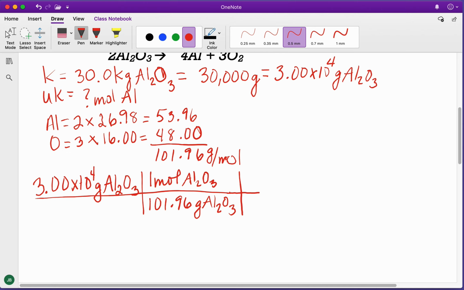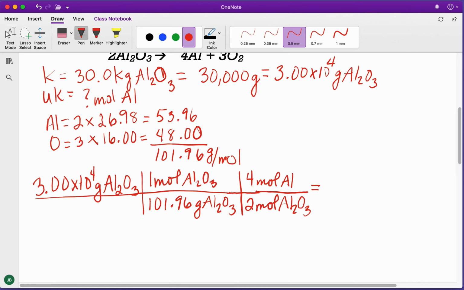Okay, now let's go ahead and put our mole ratio. So we have, from our balanced reaction, we see that we have 2 moles of aluminum oxide for every 4 moles of aluminum.